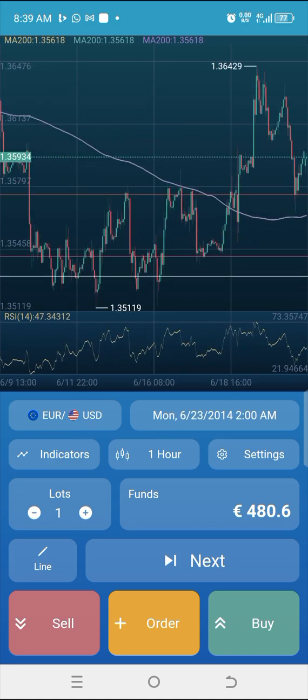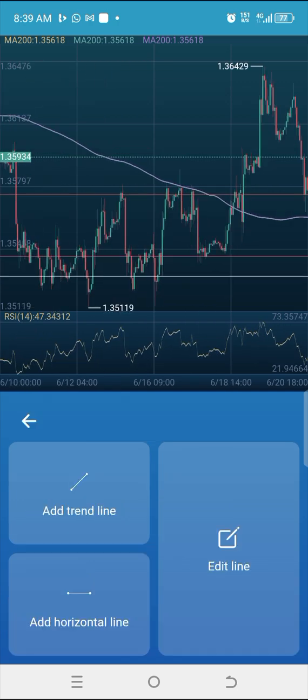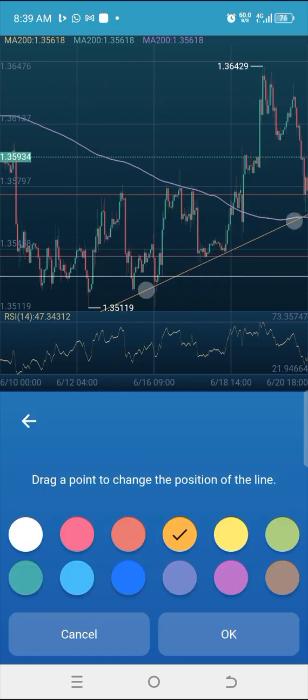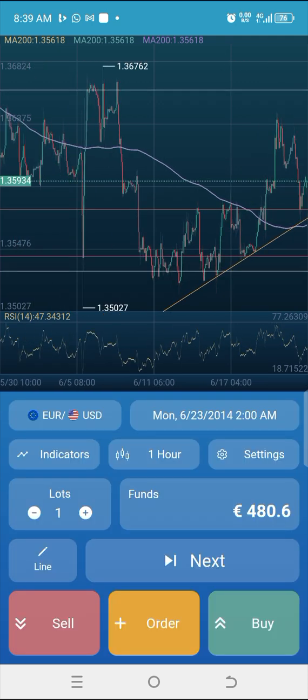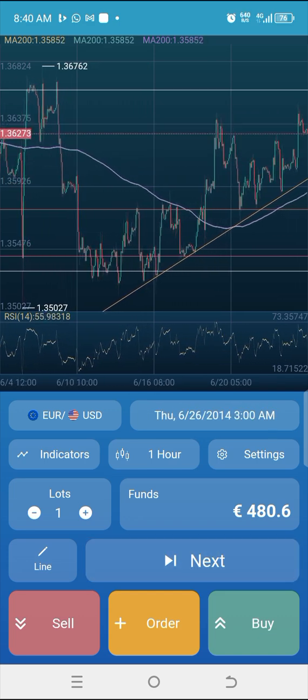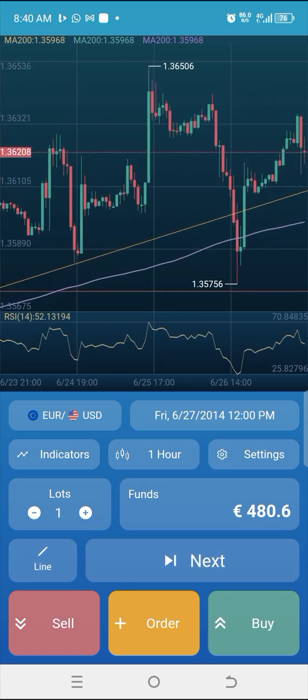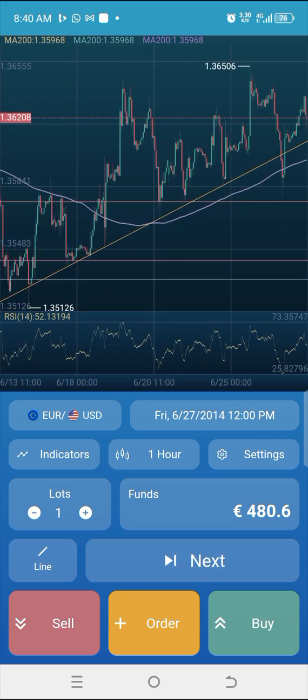Appears to be one. Right? Expecting it. Price broke it. Let's see.